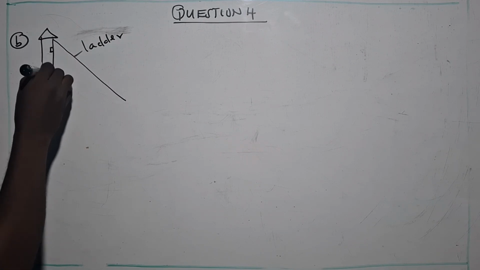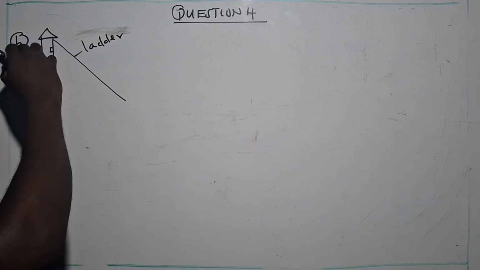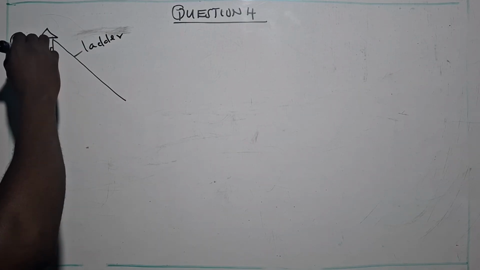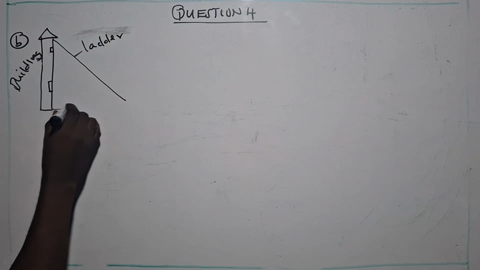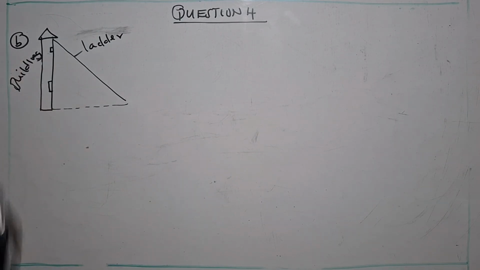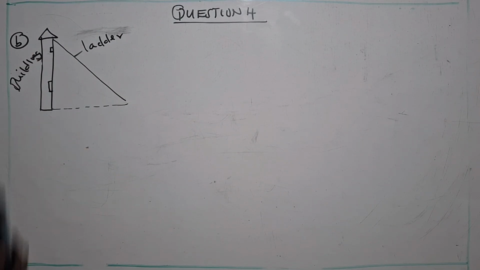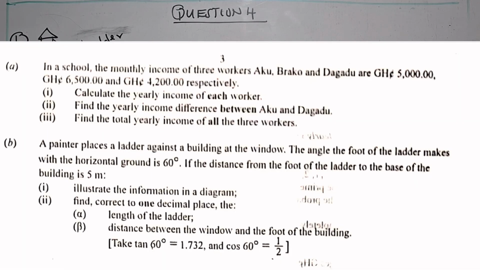Let me provide some windows and a door here to represent the building. And this is the ground. We know that's the correct way we lean a ladder against a building. So that is it. It's 60 degrees.